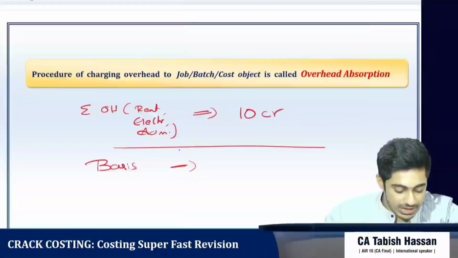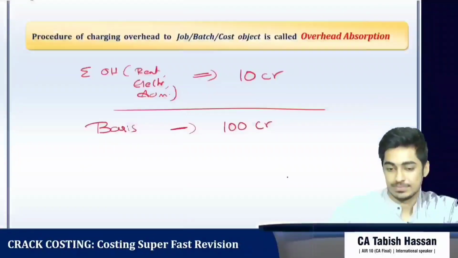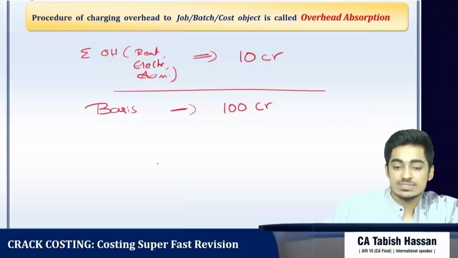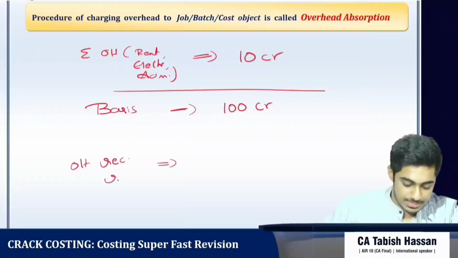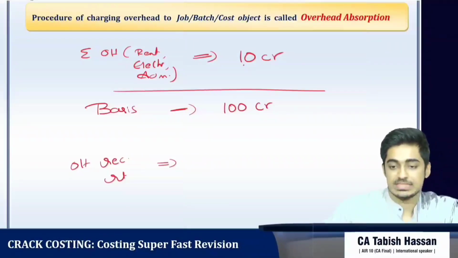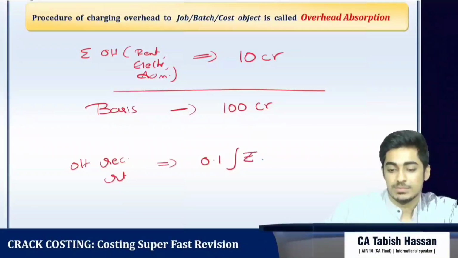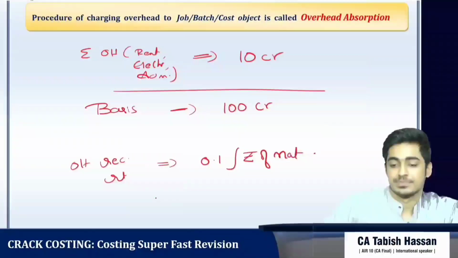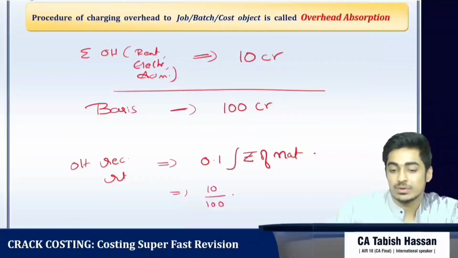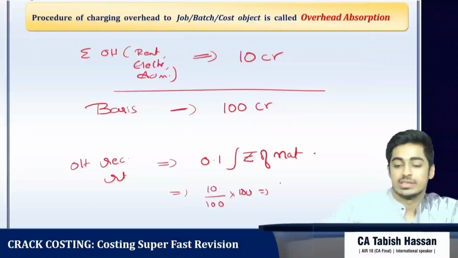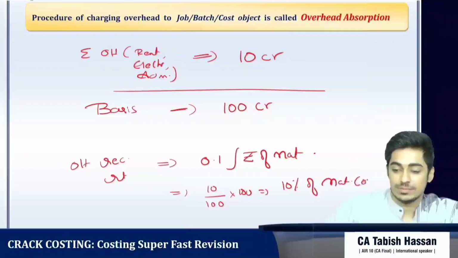So the amount of direct materials used is 100 crore. This gives us the overhead recovery rate, that is 10 crore divided by 100 crore is 0.1 per rupee of material. We can also write it as a percentage, that is 10 crore divided by 100 crore into 100, which gives us 10% of material cost.